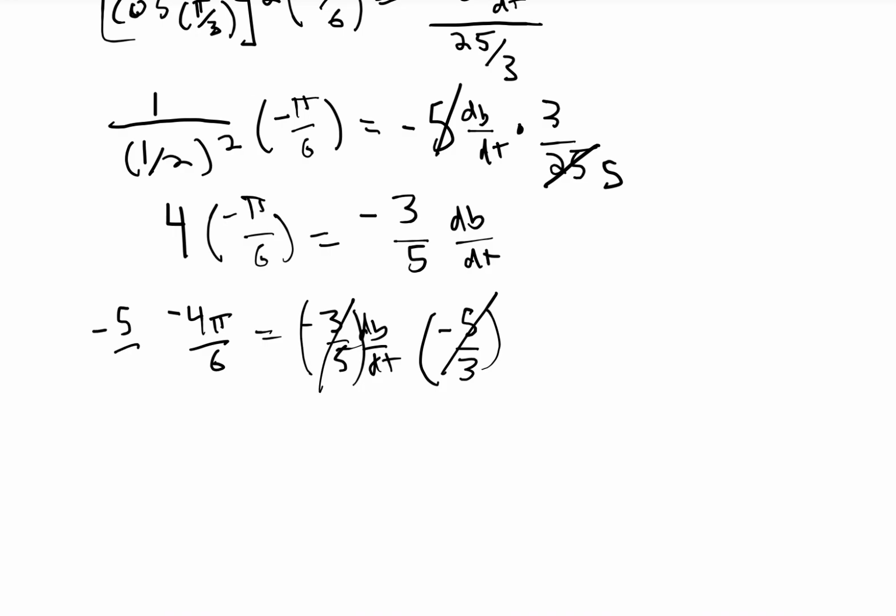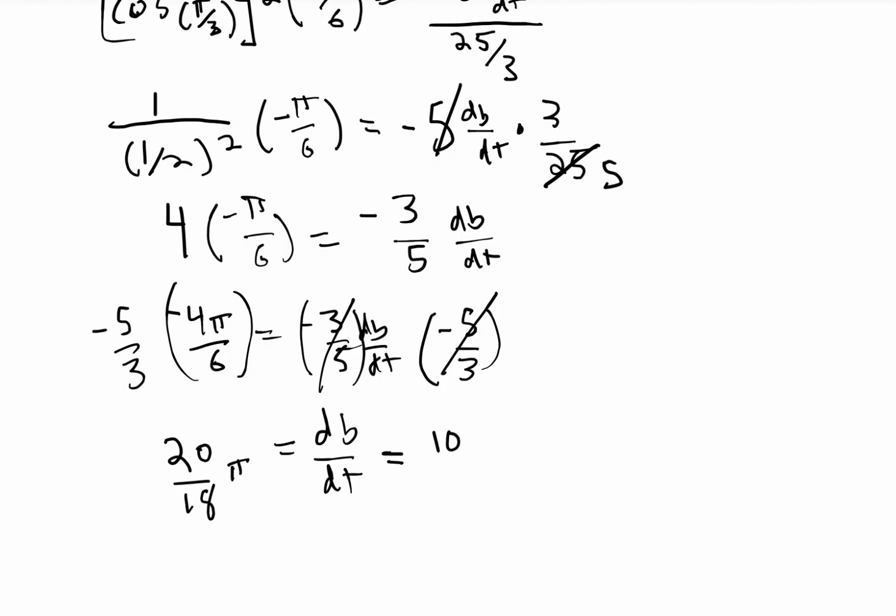So here's my minus 5/3 times this guy. All in all, my dB dt should equal, if I multiply these out, 20 over 18 times pi. Or if you want to reduce this, 10 pi ninths is fine.